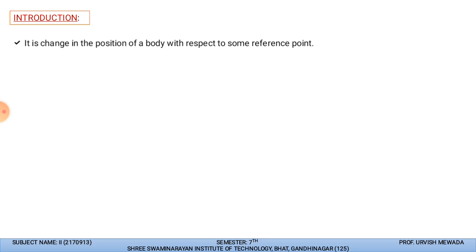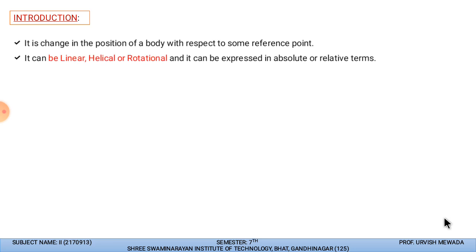We consider an initial position, and the position the object acquires in the next moment is called the displacement of this particular object. It may be linear, helical, or rotational. It can be expressed in absolute terms, or in terms of relative motion.